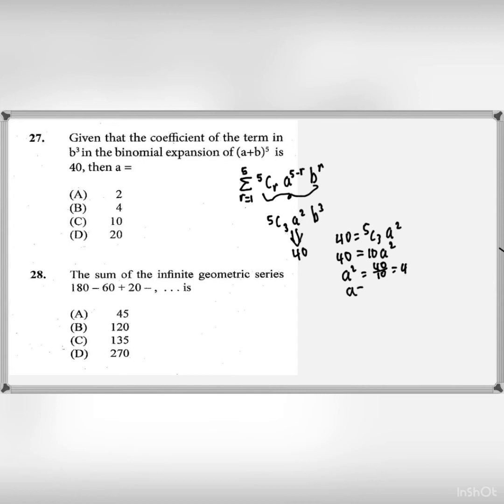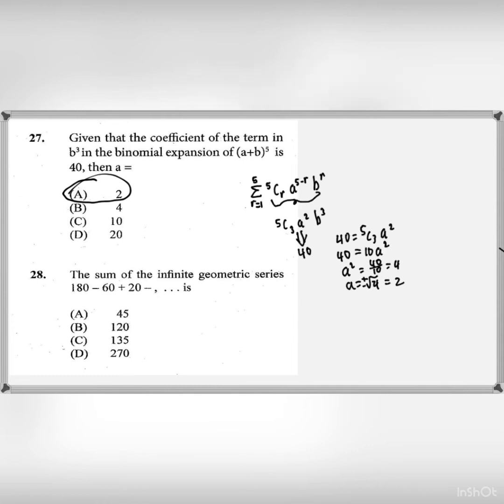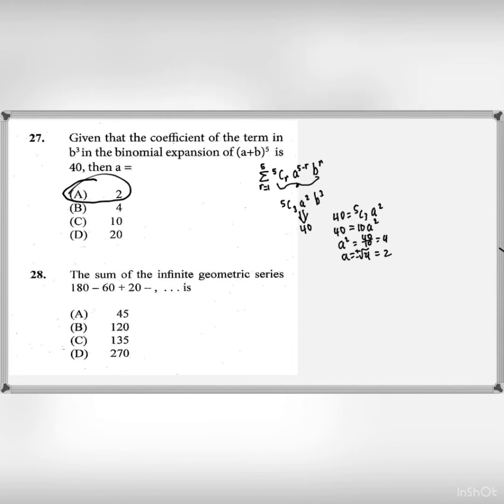Therefore a is equal to the square root of 4, plus or minus, but it looks like you only get the positive value as an answer, so you'll get 2 here. That's how you get this answer. The answer is not 10, the answer is 2.